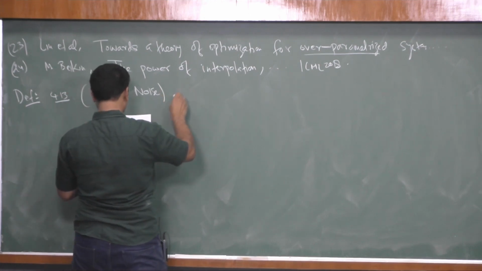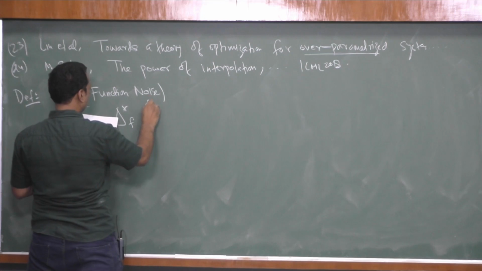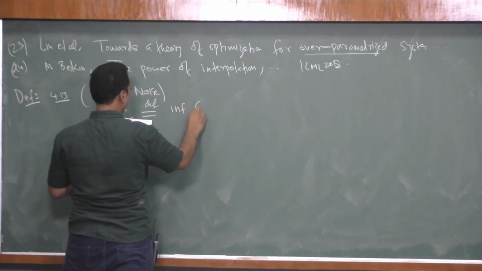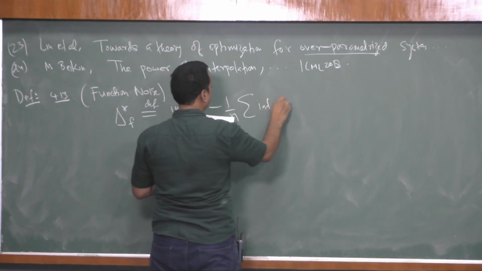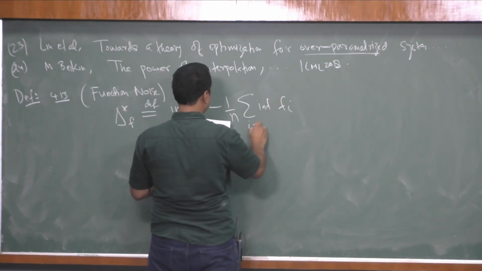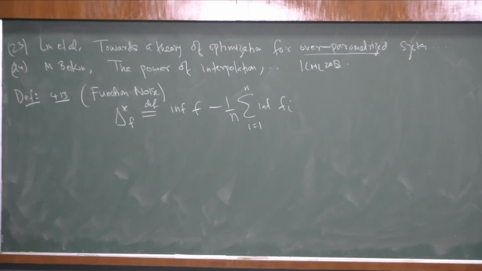So we define the function noise, delta star f, as the infimum of f minus 1 over n times the sum of the infimum of fi, i equals 1 to n. As you can see, in this case we are not sure, because if interpolation happened, this would be 0; delta star f is supposed to be 0.